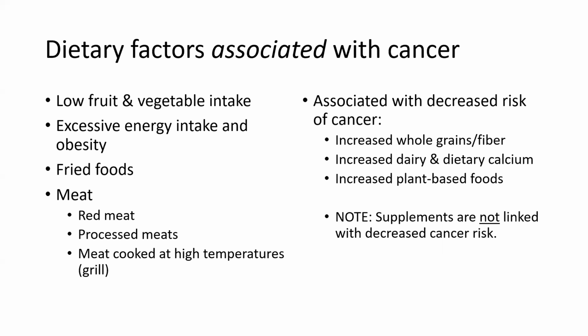But what about increasing your risk? Well, if you have low fruit and vegetable intake, or you're taking in an excessive amount of calories leading to obesity, you're eating fried foods with trans fats, high consumption of red meats, processed foods, and particularly foods that are cooked at high temperatures, those are all going to increase the risks of cancer.